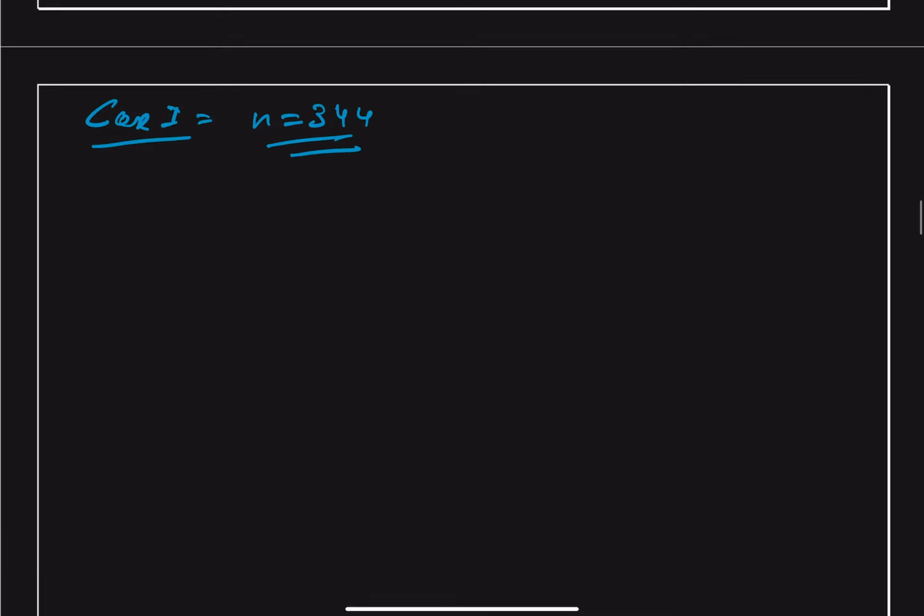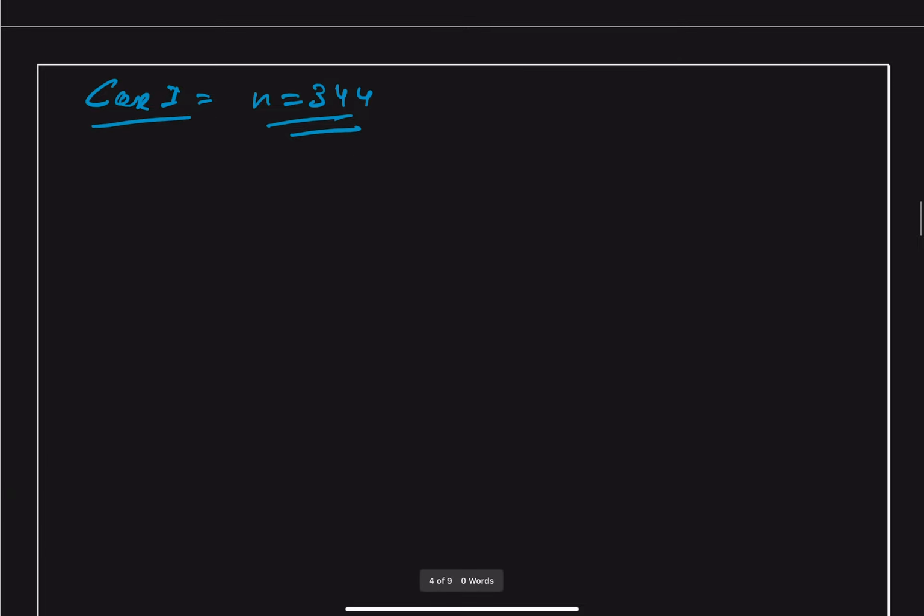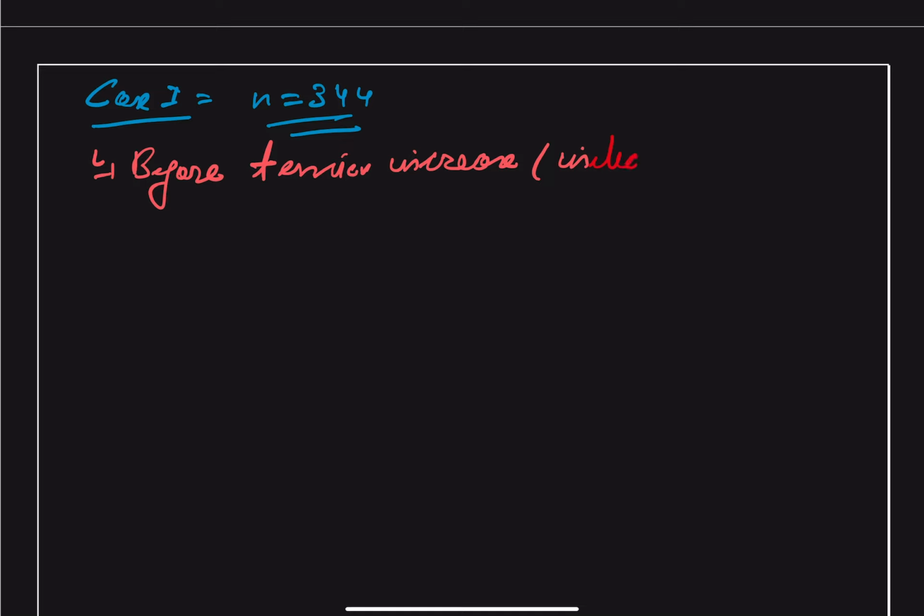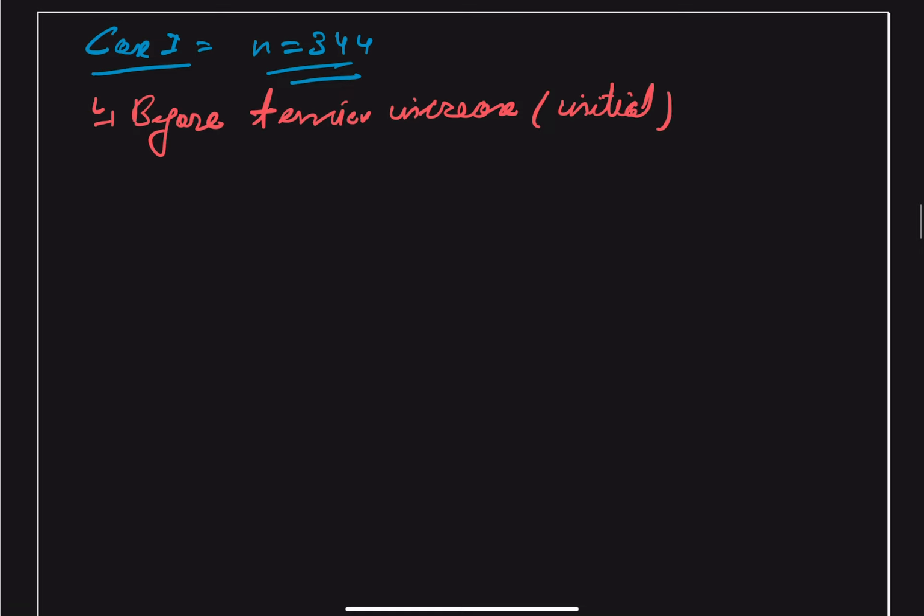So before the increase in tension, that is initial, the equation is given as F string minus n will be equal to 4.